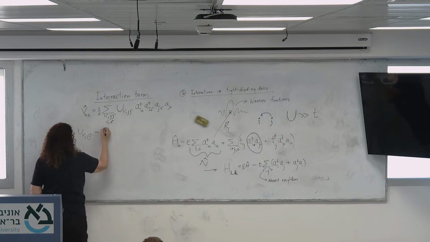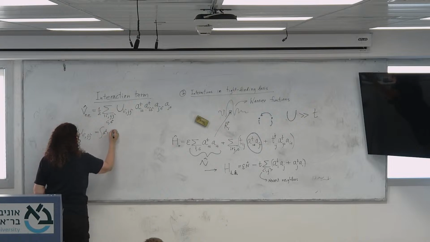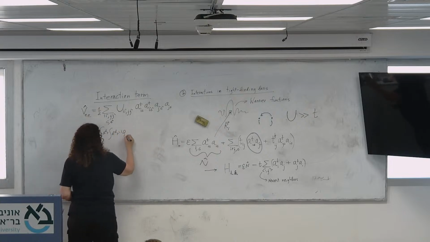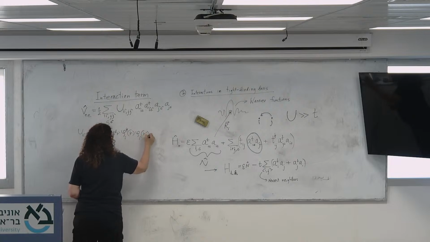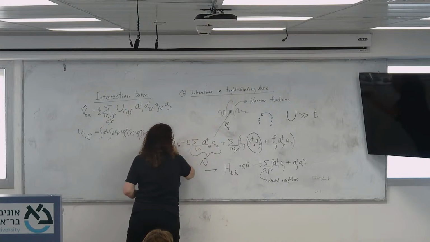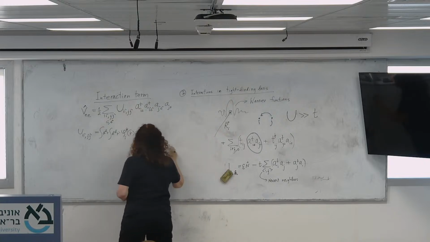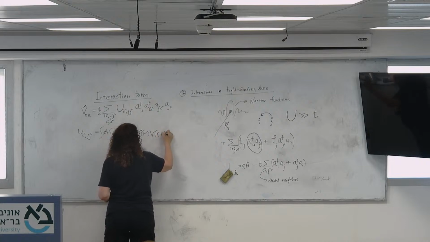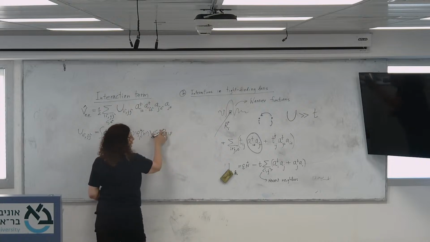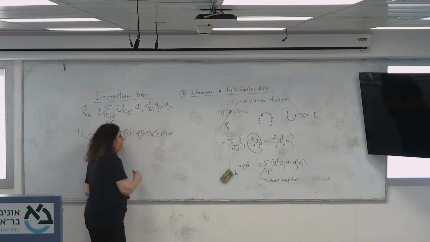And now I can also write what is U i prime j prime. What is the definition? If I once again want to write it in real space, I have to look at the wave functions, r and i prime star, and then I have the interaction, which once again can be Coulomb interaction or whatever.